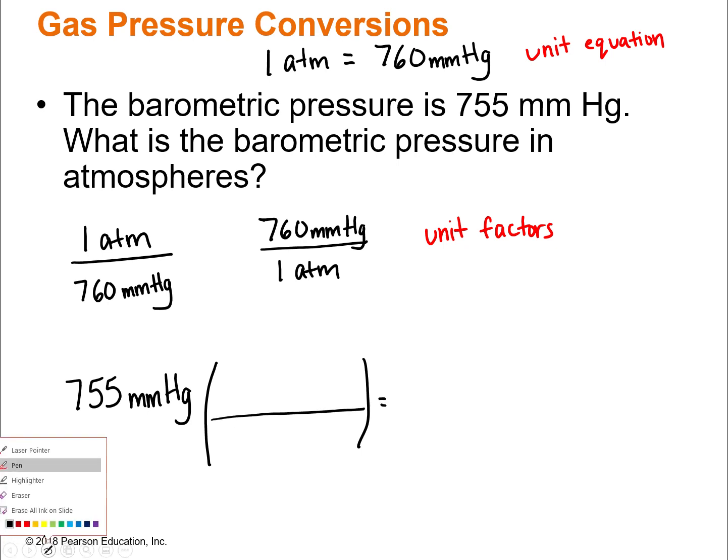Starting with 755 millimeters of mercury, which one of these unit factors should I use to convert from millimeters of mercury to atmospheres?